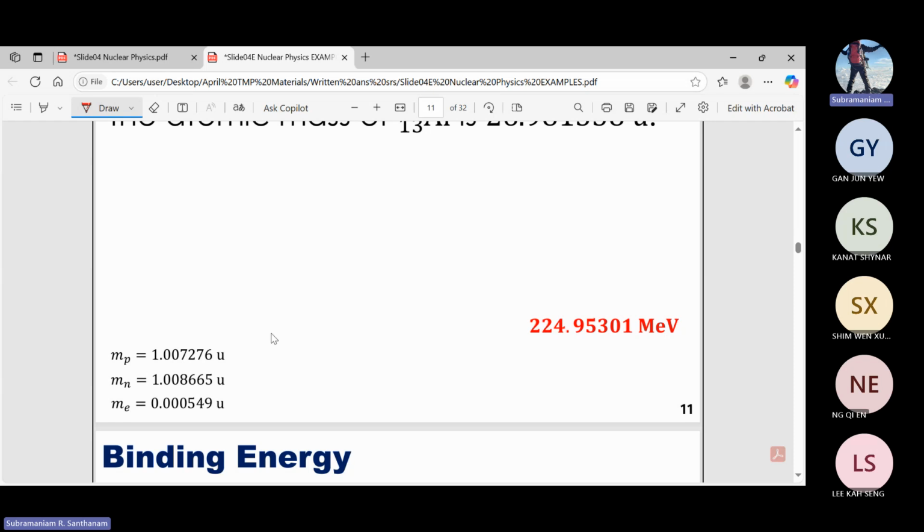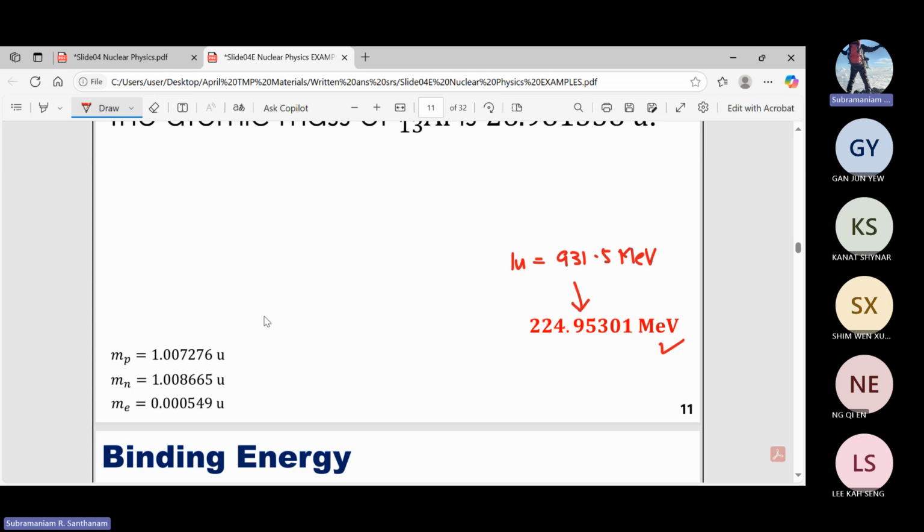I think this is correct. Sometimes it depends on which approach. If you use the assumption that 1U is equivalent to 931.5 MeV, then you will get this answer.